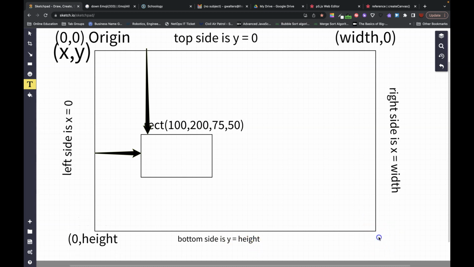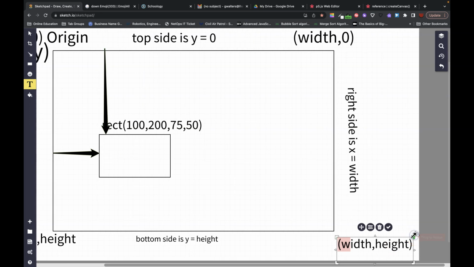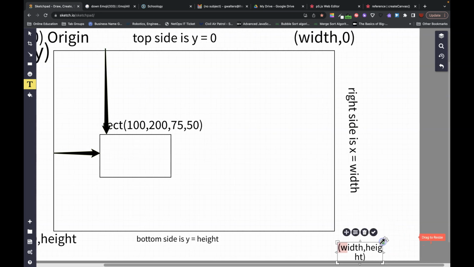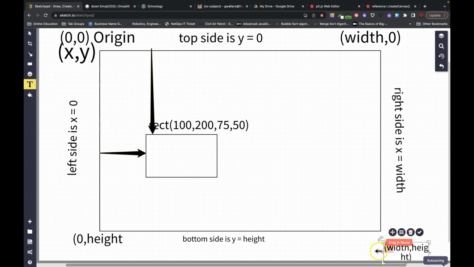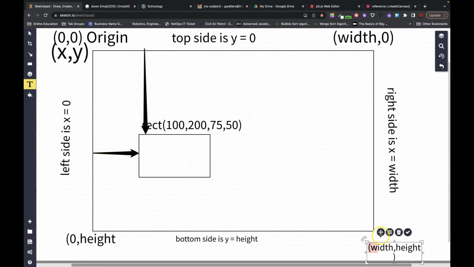So the bottom corner would be represented as my width and my height. This is how I would reference things when I'm trying to draw. I can use these built-in variables to better understand and position my shapes.